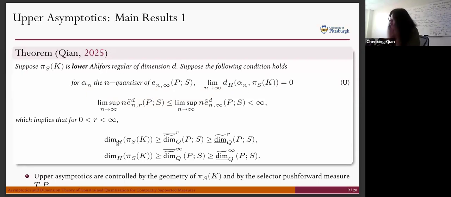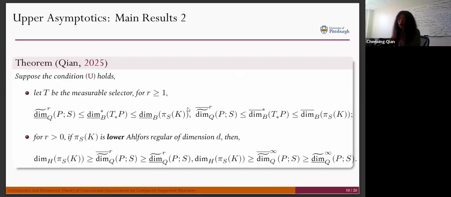Then we can have an upper bound of the Hausdorff dimension with respect to the quantization dimension defined above. In one word, the upper asymptotics are controlled by the geometry of pi_S K, and also in some sense the lower density of the push forward measure T star P.